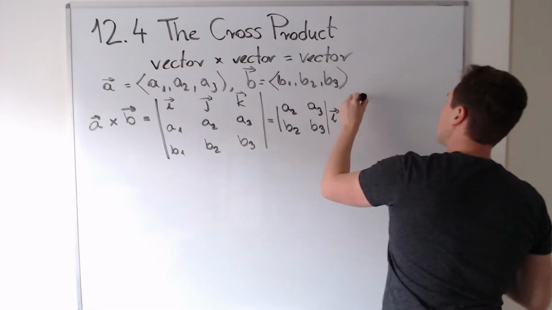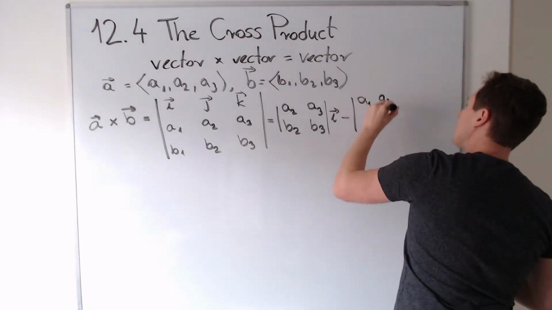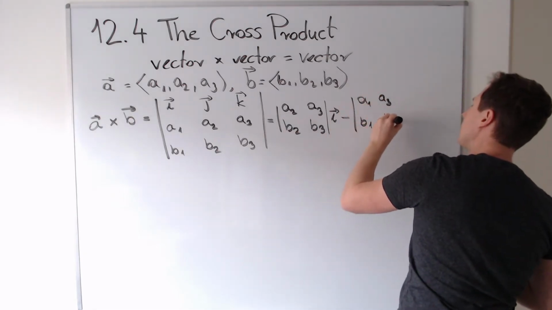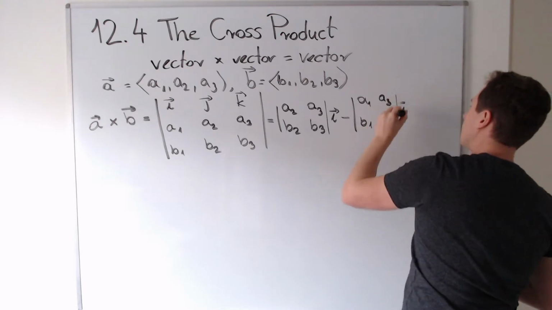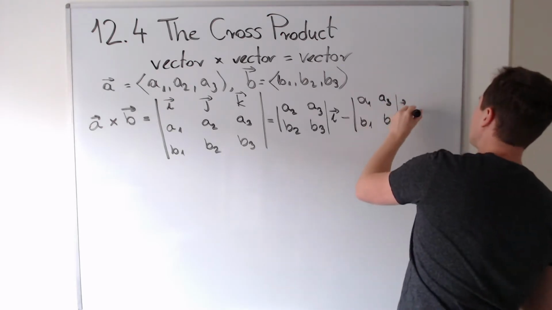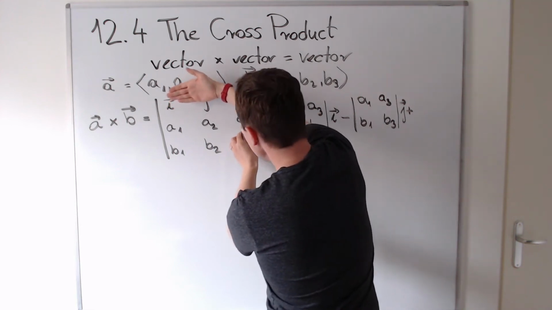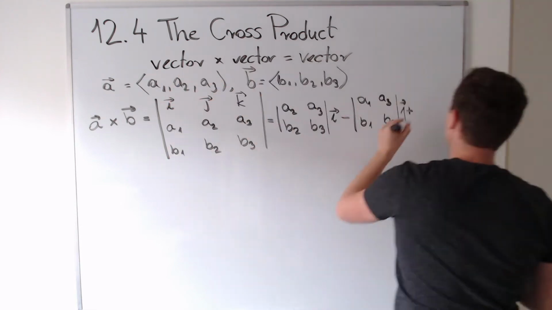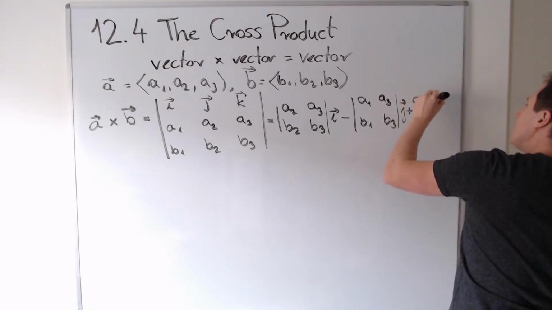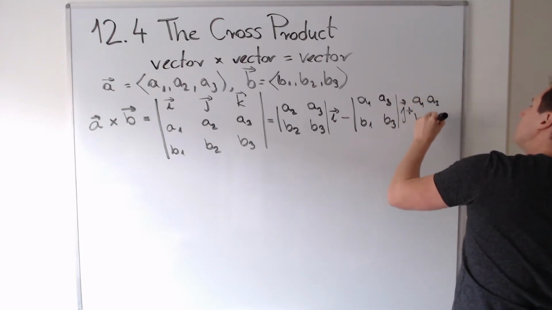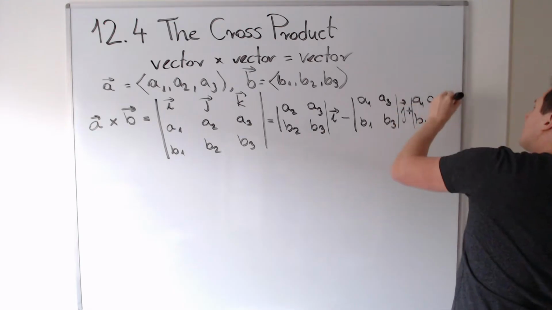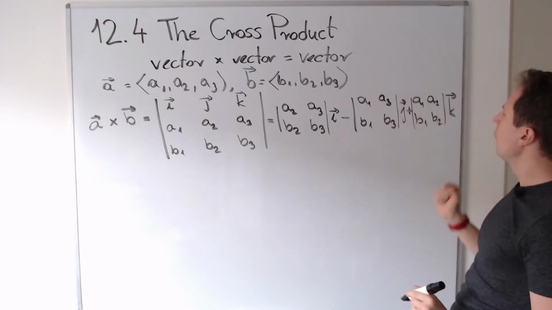So that's A1, A3, B1 and B3. That's multiplying j, and with the final plus sign, the determinant multiplying the vector k is that 2x2 determinant, which is A1, A2, B1, B2.